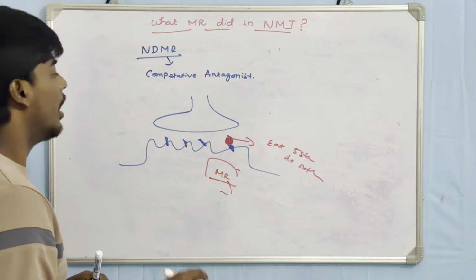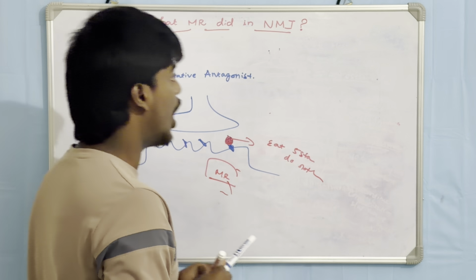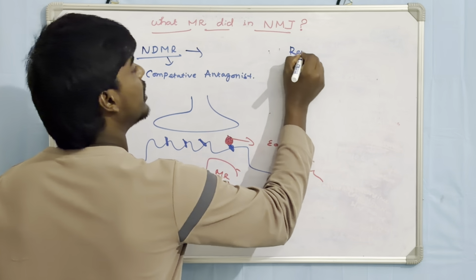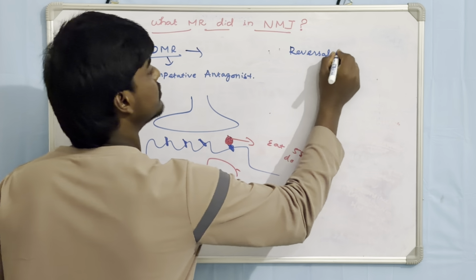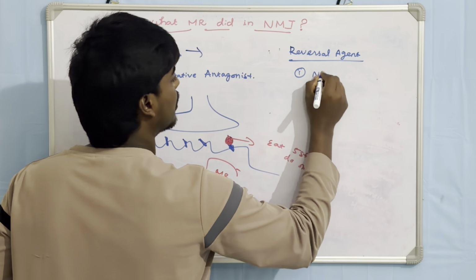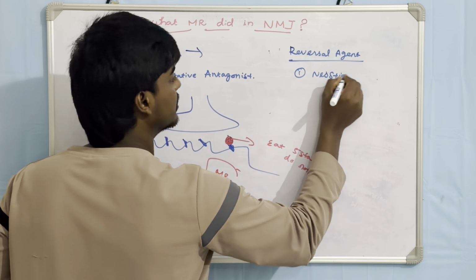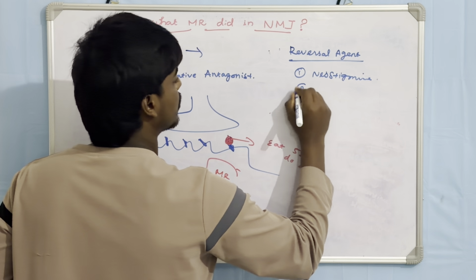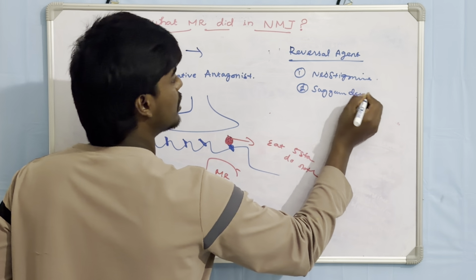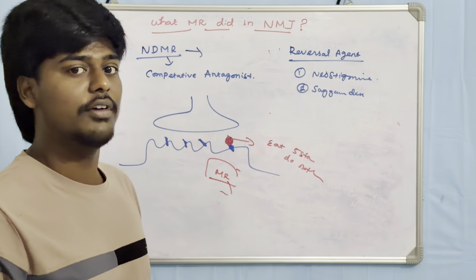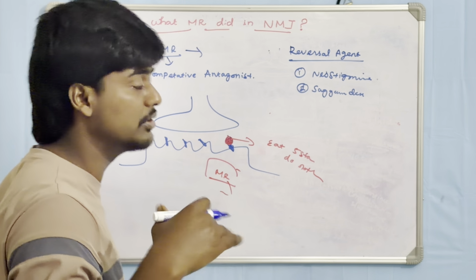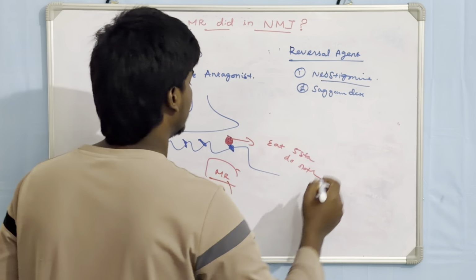But now we discuss how non-depolarizing muscle relaxation is reversed. We have reversal agents. Classical examples of reversal agents are neostigmine and Sugammadex. Neostigmine and Sugammadex have uniquely different mechanisms of action to reverse the muscle relaxation. First, neostigmine.